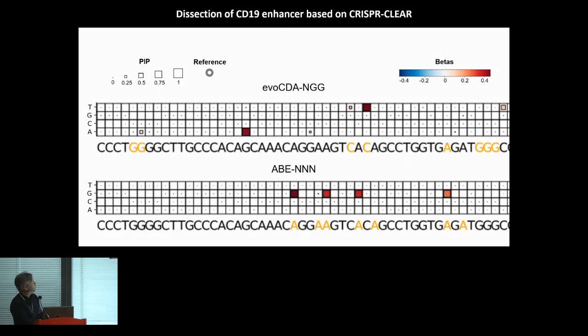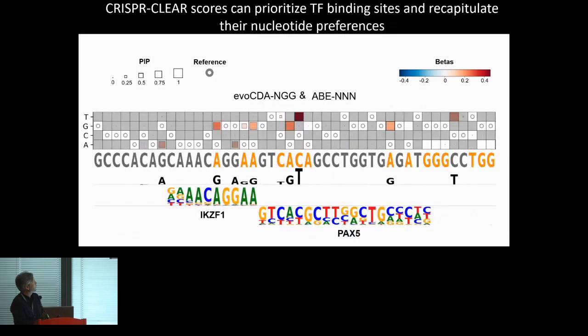The size of the square is the PIP, which tells you that if it's 1, you are really confident that this nucleotide is important. If it's close to a dot, we don't really trust it.